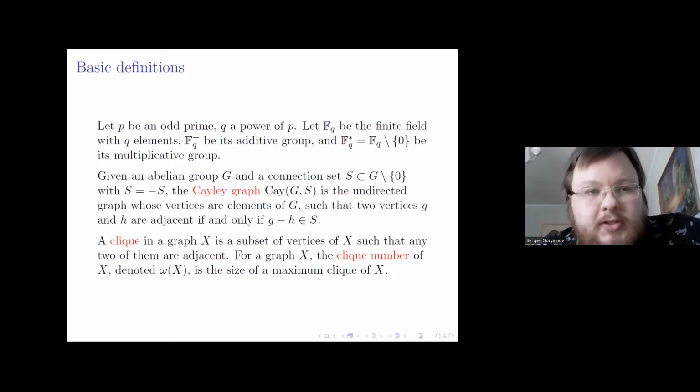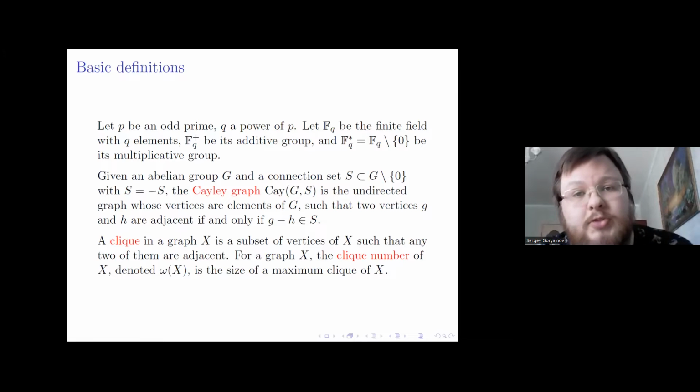Let me give some basic definitions. Let p be an odd prime, q a power of p. Let F_q be the finite field with q elements, F_q^+ its additive group, and F_q^* its multiplicative group.